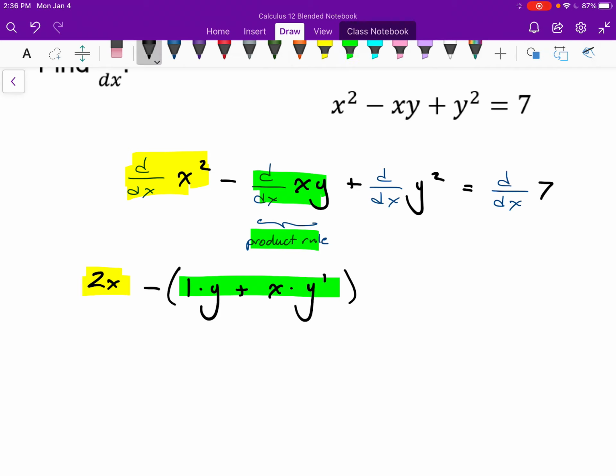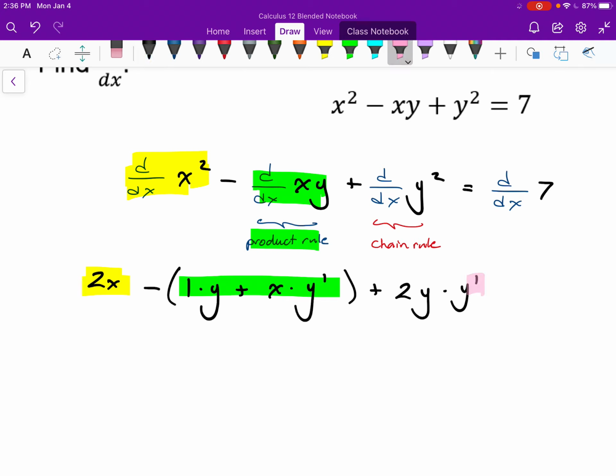Okay, next. The derivative of y squared with respect to x. So again, I have to use the chain rule here. And so first, the outside function in this case is the power of 2. So use the power rule. So I have 2 times y times the derivative of the inside function, which is just y prime.